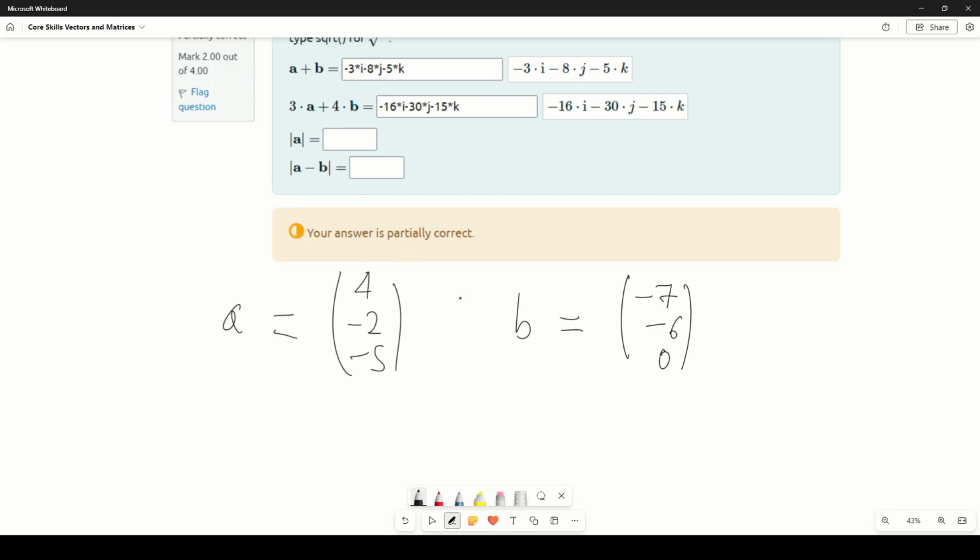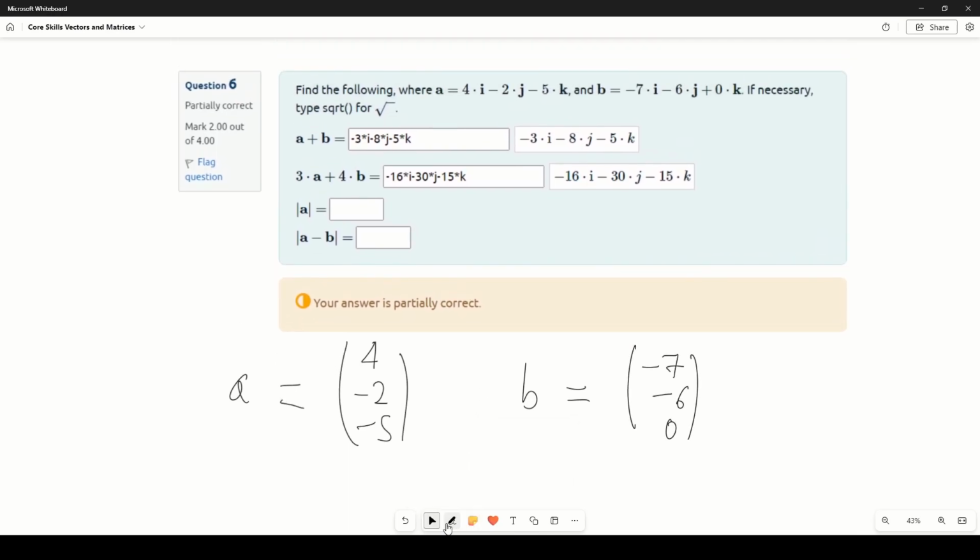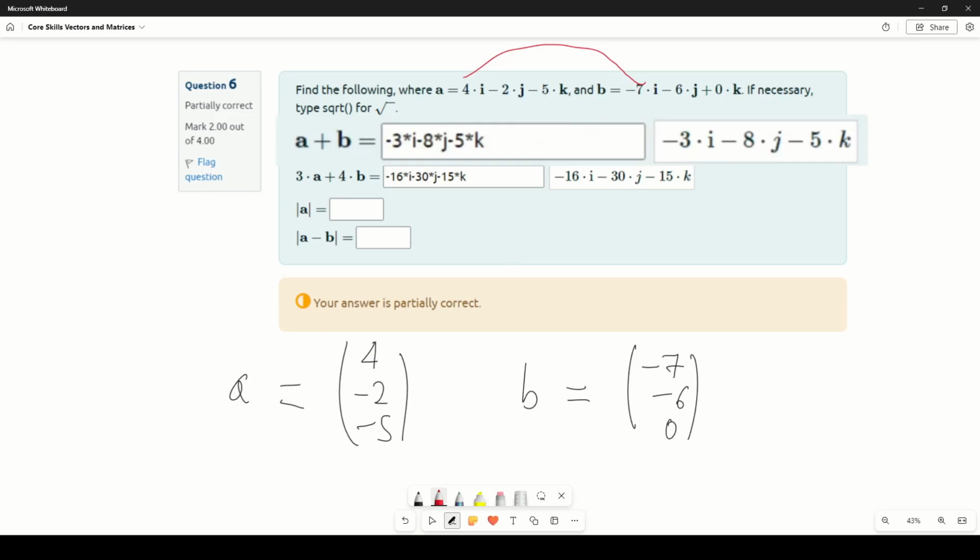If you scroll up a bit, we can see it's 4 for the coefficient of i. So for the x-axis we have 4 and -7. What do we get when we add them up? We get -3. And again we do the same for the js. So you do -2 and -6, and you get -8. So it's -8j.